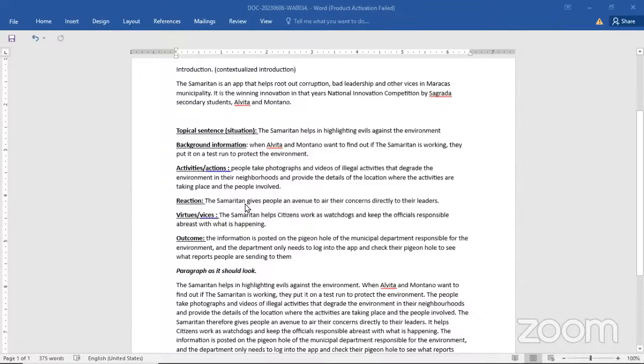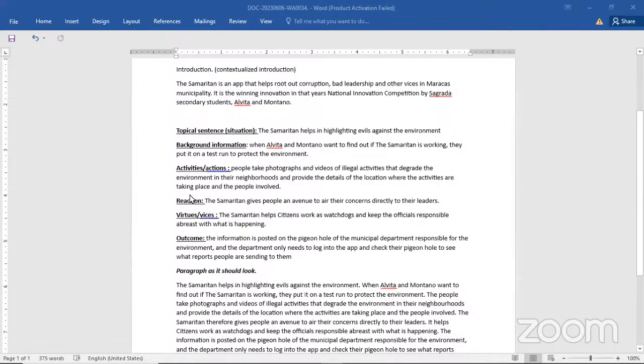Your reaction is basically what you feel from what the actions are talking about, or what other people in the text might feel because of the actions that you've discussed here. Am I making any sense? Yes.